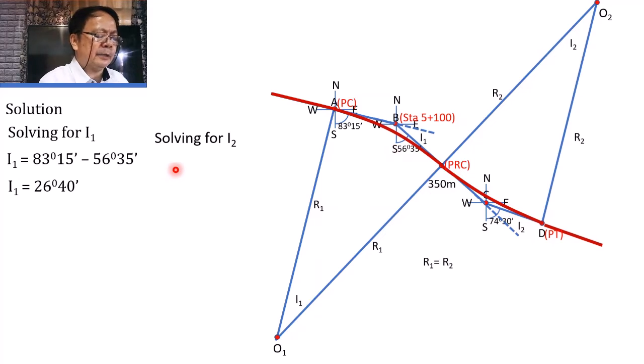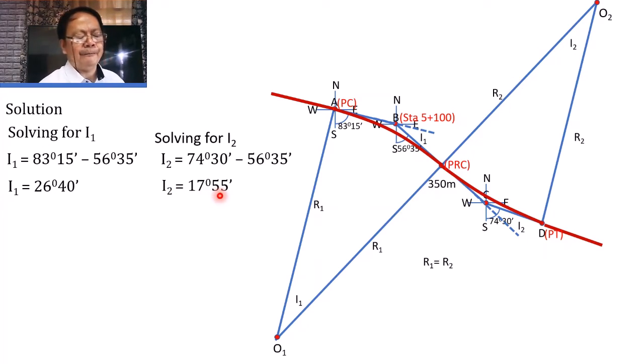So I sub 2 will be equal to 74 degrees 30 minutes representing the direction of this forward tangent, minus 56 degrees 35 minutes representing the direction of the common tangent. And so I sub 2 will be equal to 17 degrees 55 minutes.